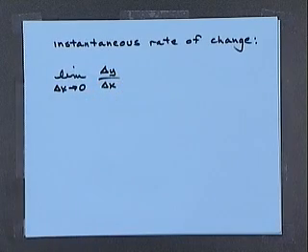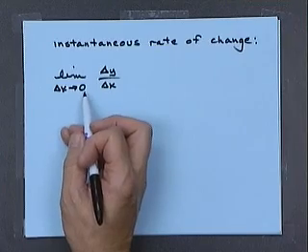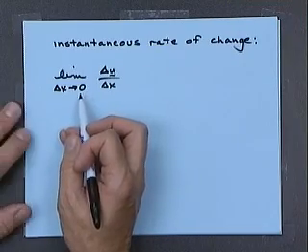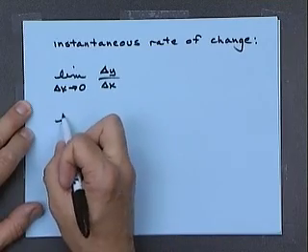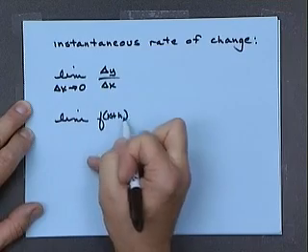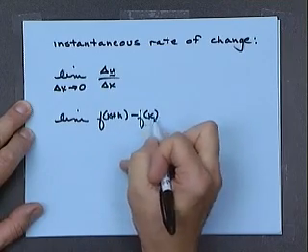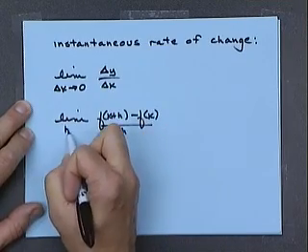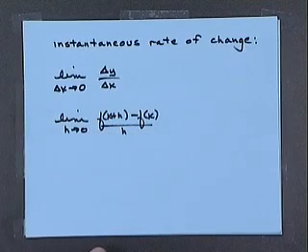If you see this notation, delta y means the change in y. I don't know if you've used that notation in another math class before, but when you see the delta, it's a change in y over the change in x as the change in x is allowed to approach 0. This says exactly the same thing as this, because what is h?